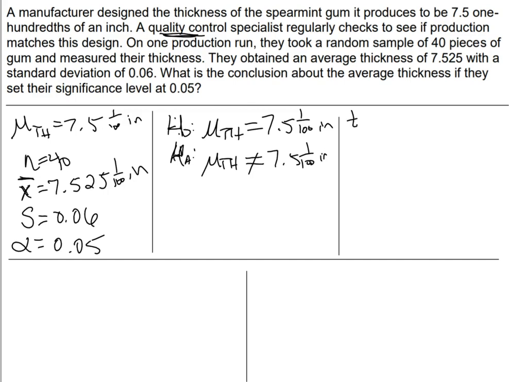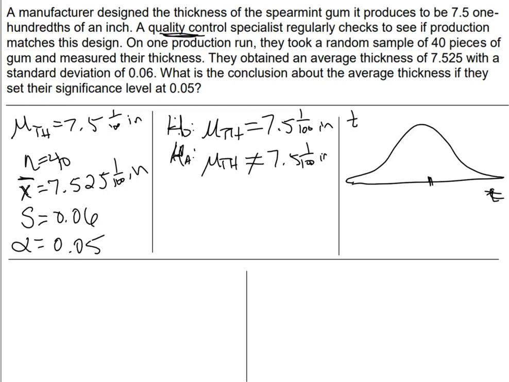And so I'm going to make a little notation here that we're using a t distribution. I think it's helpful to draw out the t distribution. It's a t distribution. Sure, it looks a lot like a normal distribution, but it's a little bit fatter in the tails if you look closely. Again, a t distribution also has a center. So what's the center of the distribution of the average thickness?